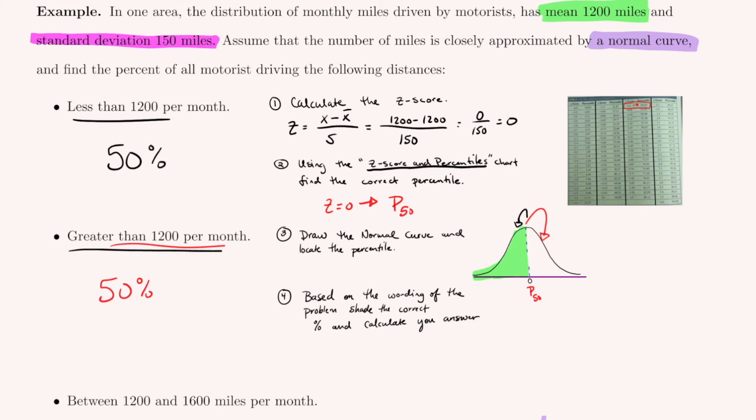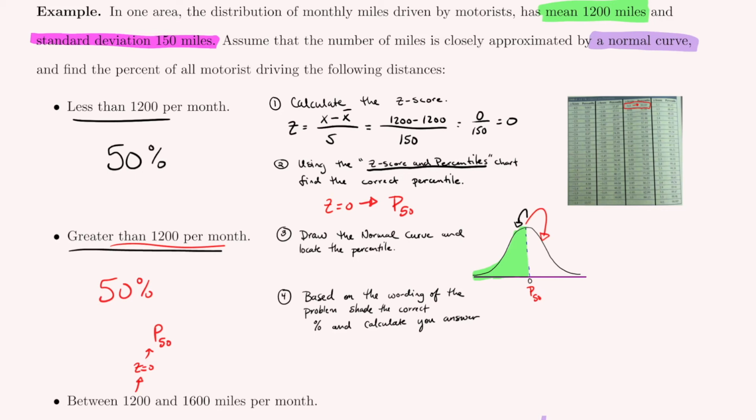Now, as we finish up to our third part of the problem, it says between 1,200 and 1,600. We know for 1,200, the z-score is 0, which is in the 50th percentile. So all we need to do is calculate the z-score for 1,600, find its percentile based on our chart, and then draw the correct distribution, and based on the wording of the problem, figure out what we need to do from there.